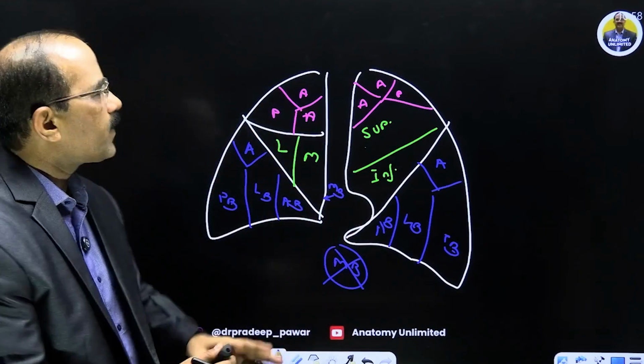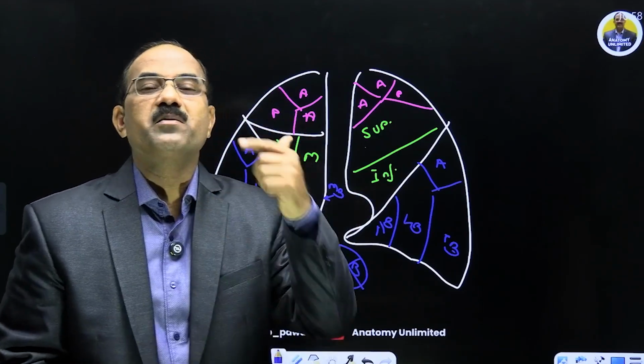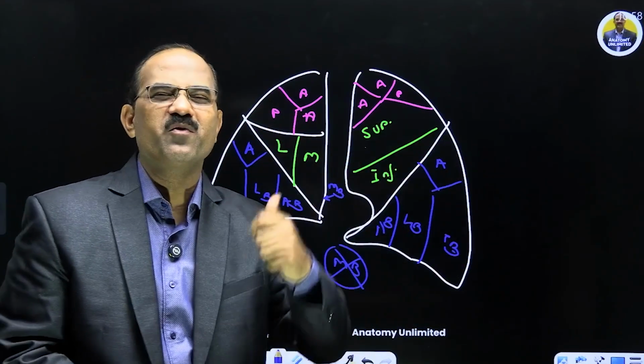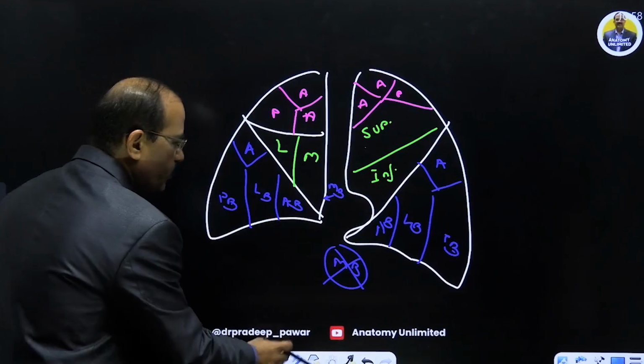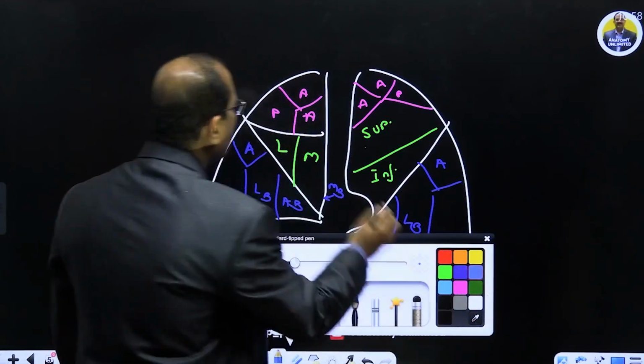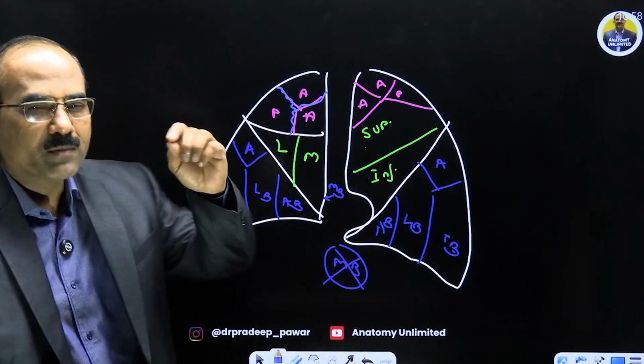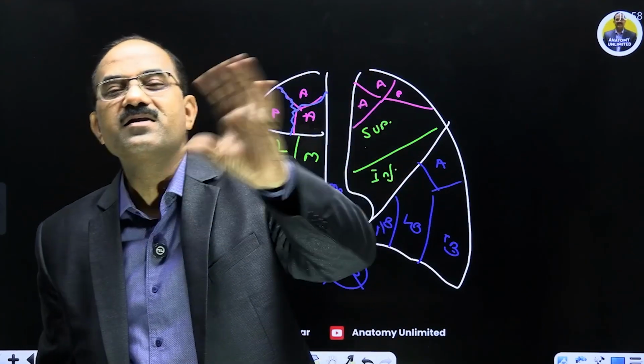Fine. Now, each segment has its own tertiary bronchus and its own pulmonary artery. But what about the veins? The pulmonary veins do not belong to the bronchopulmonary segments. They run between the segments; the pulmonary veins are intersegmental.